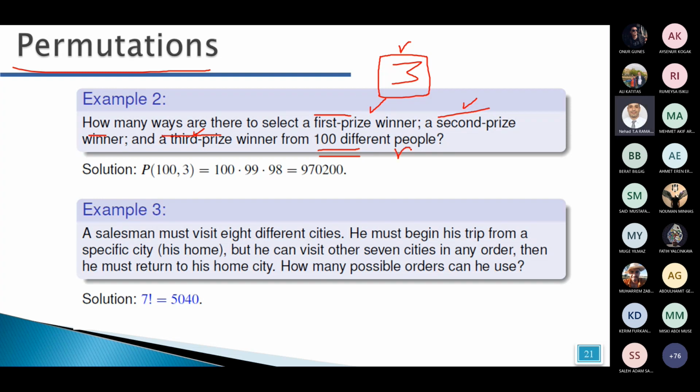So n equals 100, r equals 3, because we have 3 winners. We need to select 3 winners, first, second, and third. So it's actually a permutation for 3 out of 100.